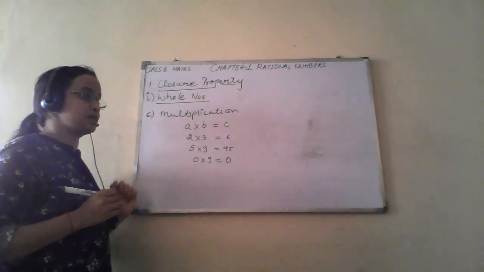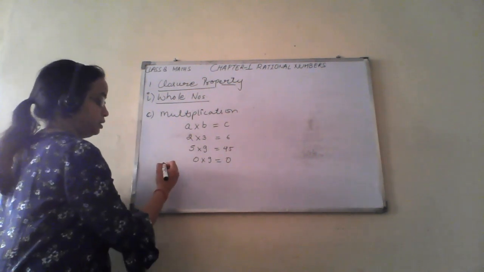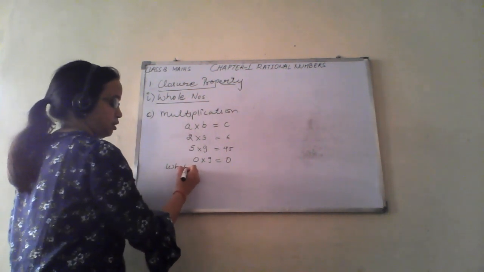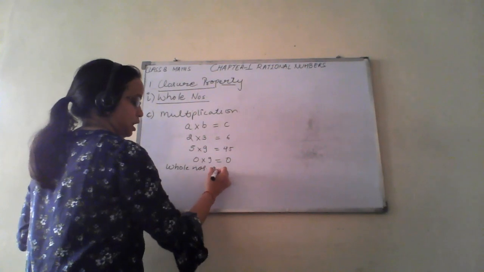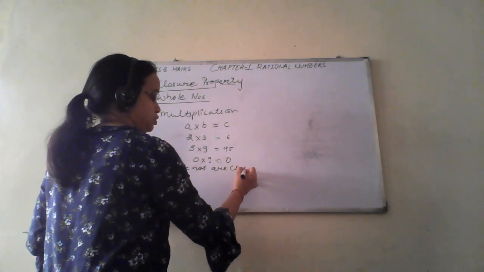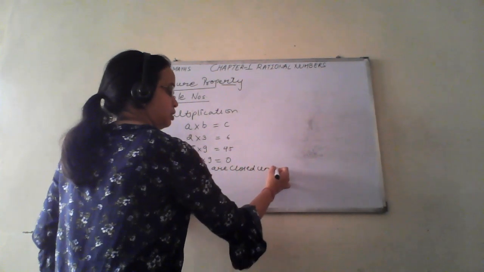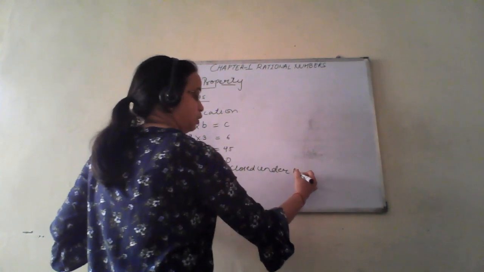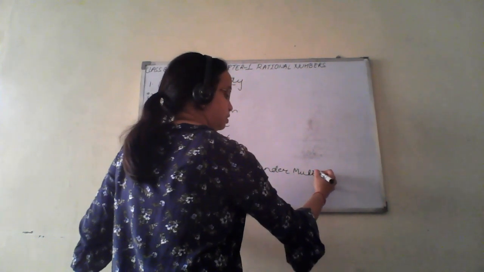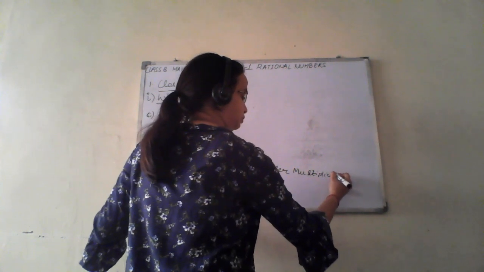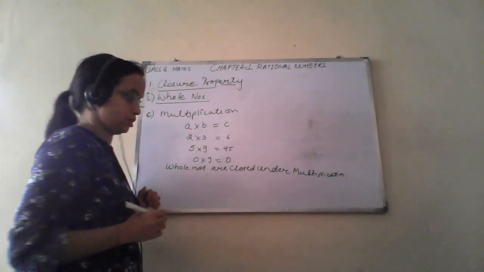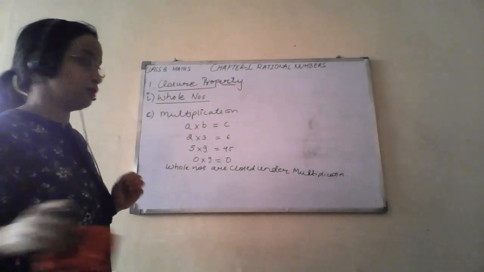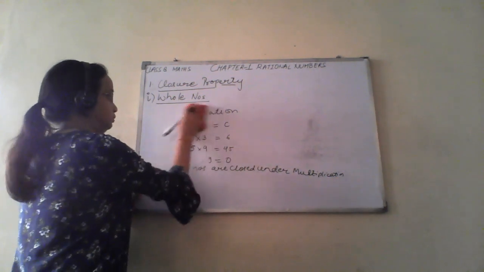So from this discussion, it is concluded that whole numbers are closed under multiplication. Now we check it for division.